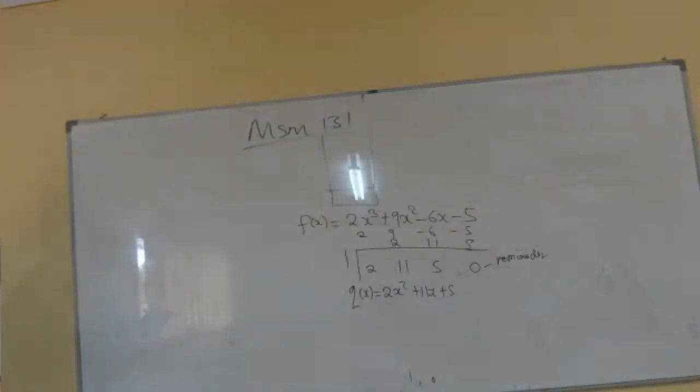So now the question is, what are the two factors in question? The two factors in question are 10 and 1. Okay, so 10 and 1.